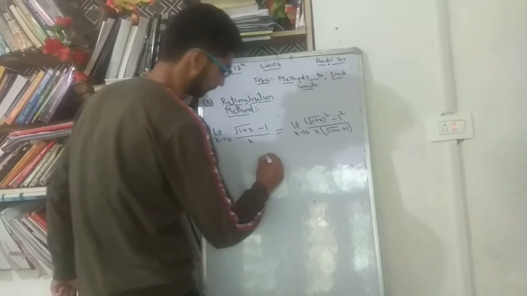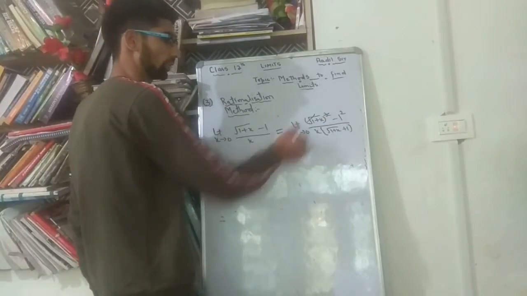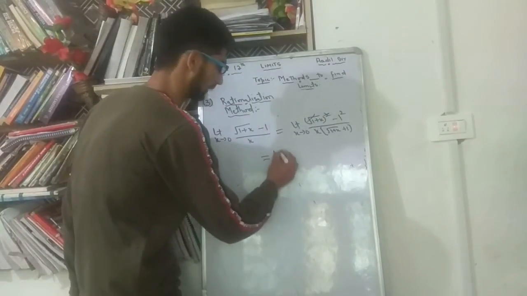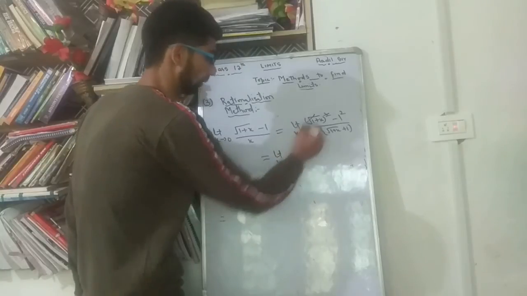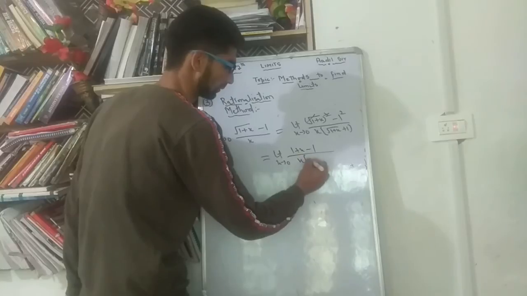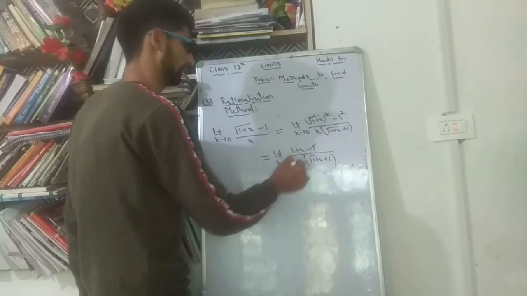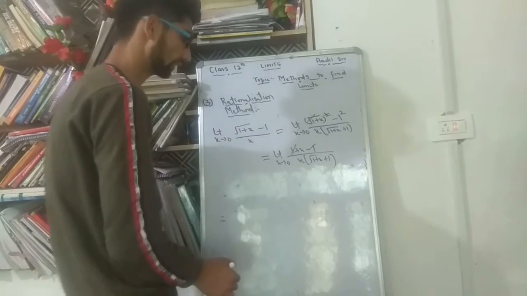So here square and root are inverse to each other, so it will get cancelled. So I am getting here limit x tends to 0, 1 plus x minus 1 divided by x into root of 1 plus x plus 1. This one and this one is getting cancelled out.